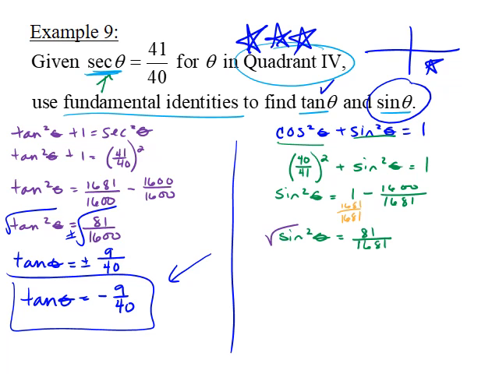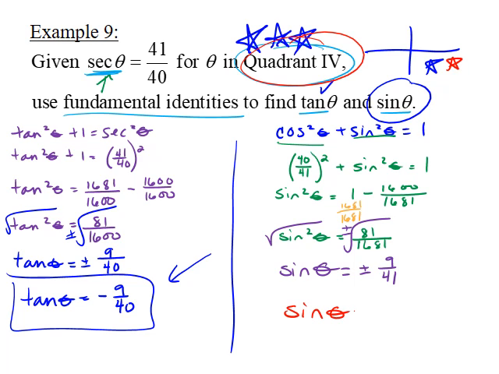I will take the square root of both sides. Don't forget the plus or minus. So sine is equal to plus or minus, in this case, 9 over 41. And you need to figure out which of these two you want to use. Well, in quadrant 4, sine is negative. So our answer is negative 9/41, I guess. And there you have it.